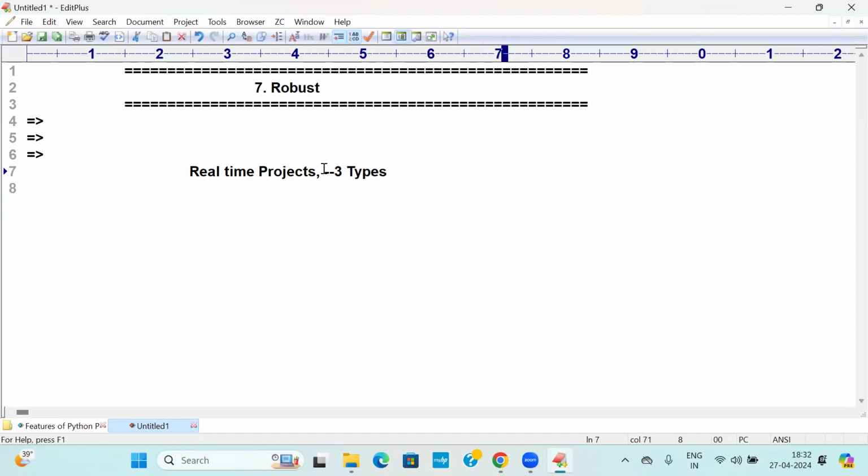Anyhow, I am going to explain this topic in detail in my class on exception handling. Three types of errors will come during what time? Development time, during compile time. Already you know what compile time is. What is compile time? Source code conversion to byte code, intermediate code, .py to .pyc. That is called compile time.